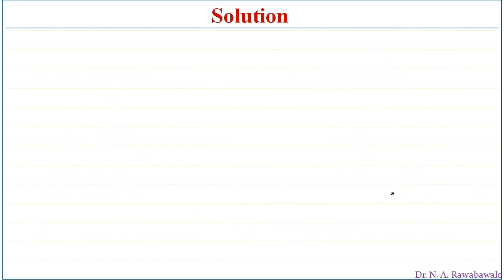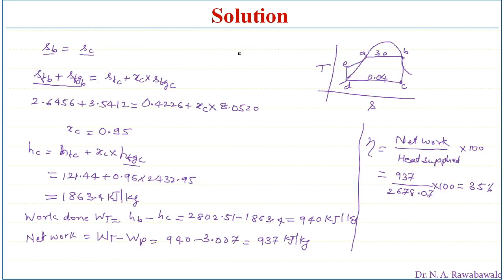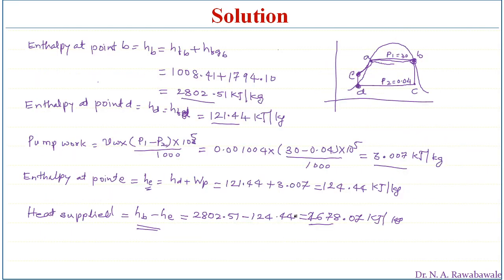Now the next thing he has asked us is the work ratio. What is this work ratio? It is the ratio of net work divided by turbine work. Net work is 937.